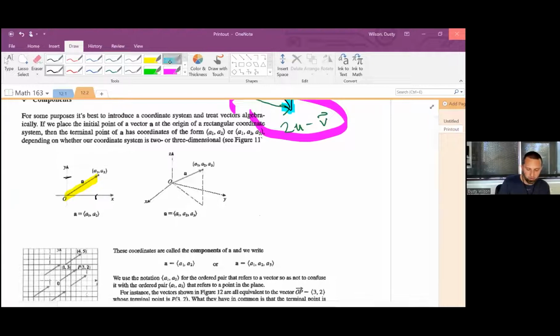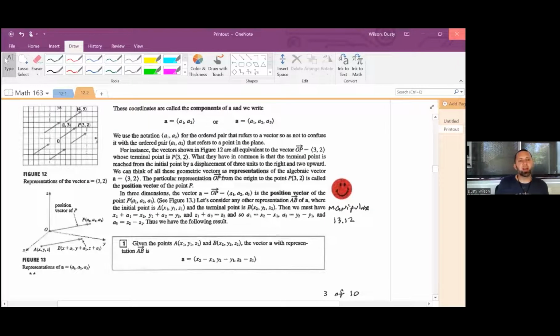For example, for this vector A, you can see that the x-coordinate is at a1 and the y-coordinate is at a2. In 3 dimensions, notice that your x-coordinate is at a1, your y-coordinate is at a2, and your z-coordinate is at a3. These coordinates are called the components of A, and we write A equal to ⟨a1, a2⟩ or A equal to ⟨a1, a2, a3⟩.